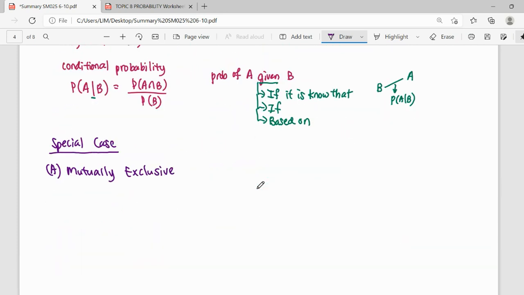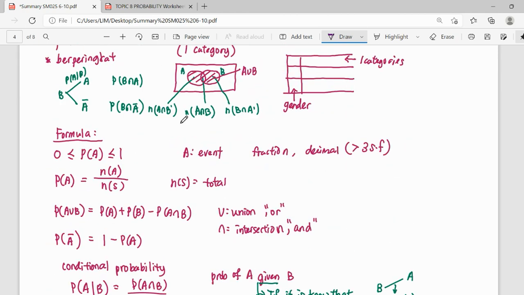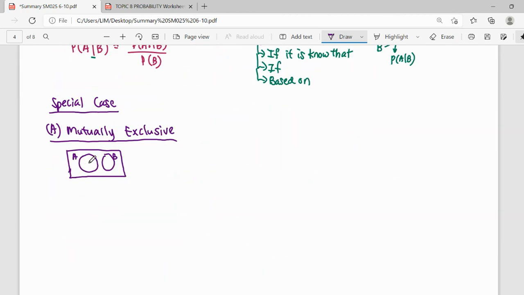But we come to a special case, like they say, this event is mutually exclusive, means your experiment is mutually exclusive. What is meant by that? Means like in your Venn diagram, your cases will be separate. A and B will be separate. So this is our normal cases, but this is our special case, mutually exclusive.